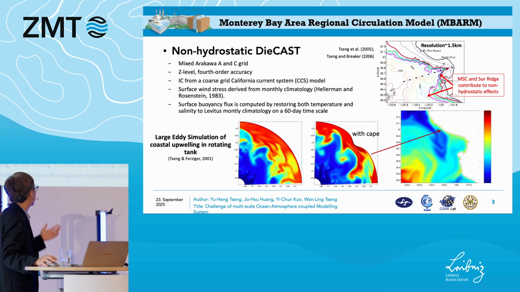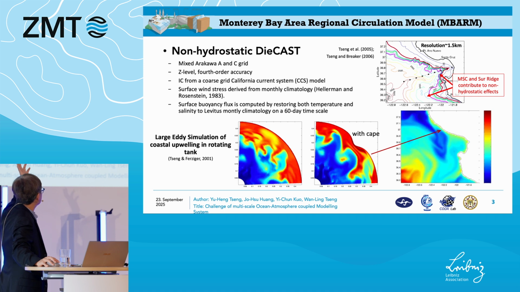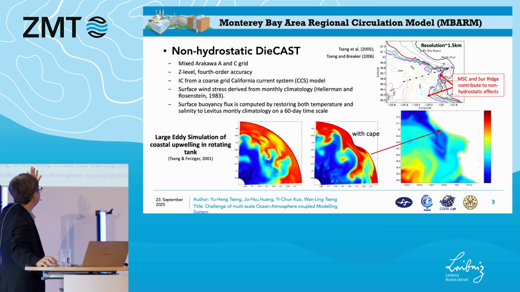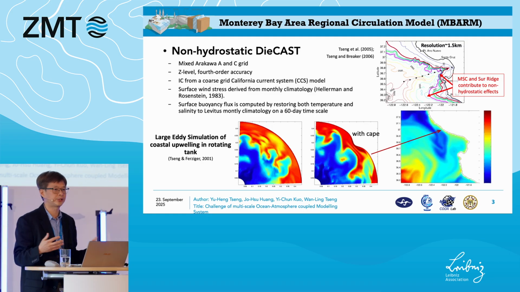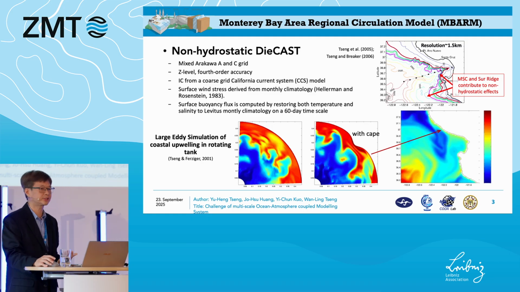Particularly, if we look at cases with capes or without capes, for a typical coastal upwelling system, we can get this kind of instability like filaments, also called fish hook structures. But this kind of structure is not easy to get without a cape. That means the coastal topography can play a very important role.